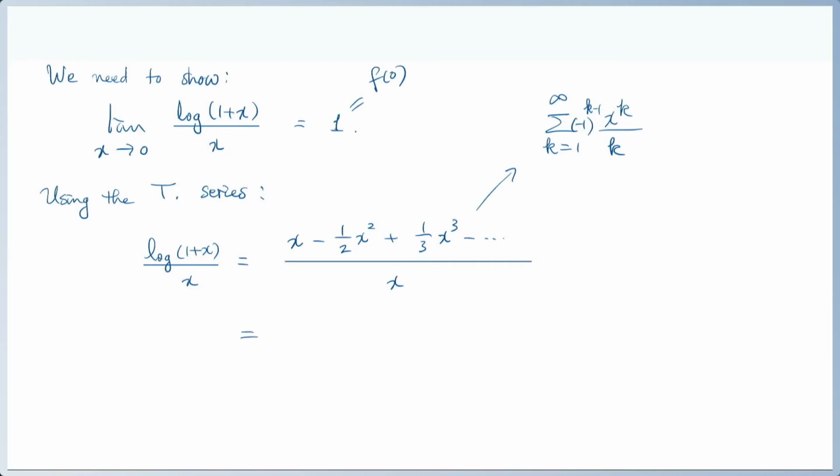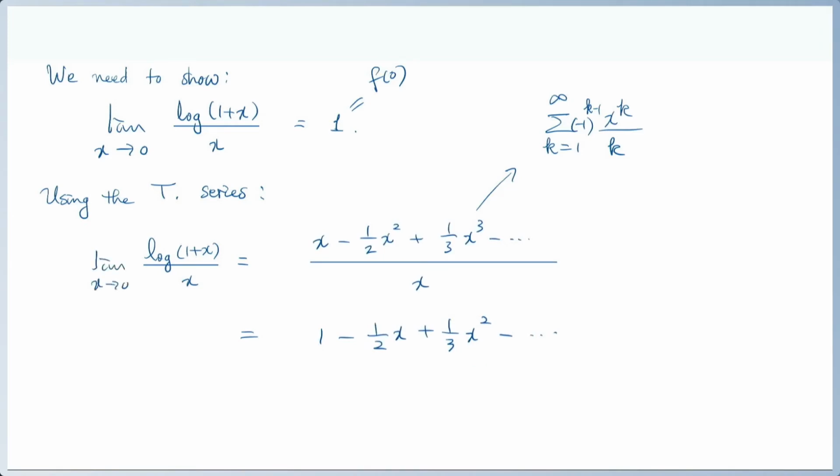And if you do the algebra, you get 1 minus 1/2 x plus 1/3 x squared minus, and so on and so forth. Okay, and what I'm going to do is just stick in a limit symbol: limit x going to 0. So this is calc 1 stuff.